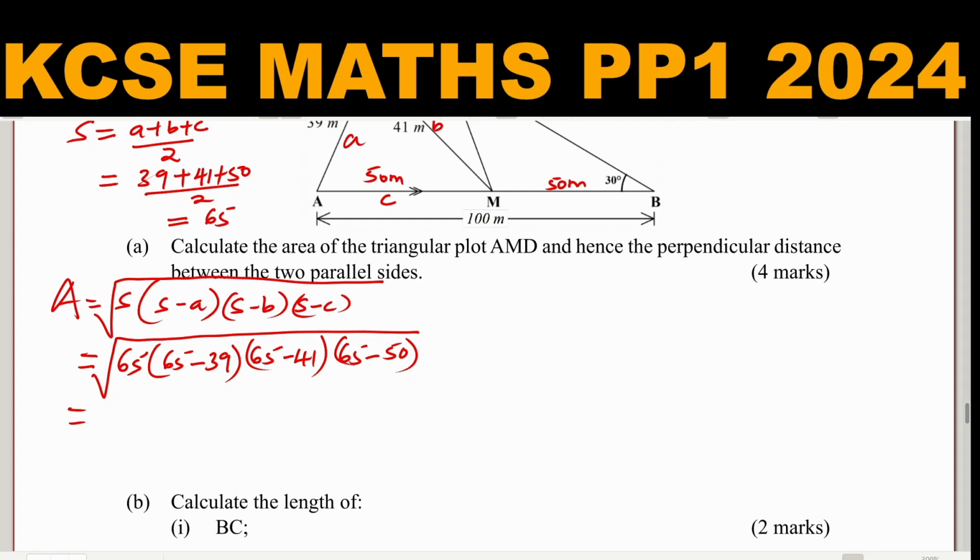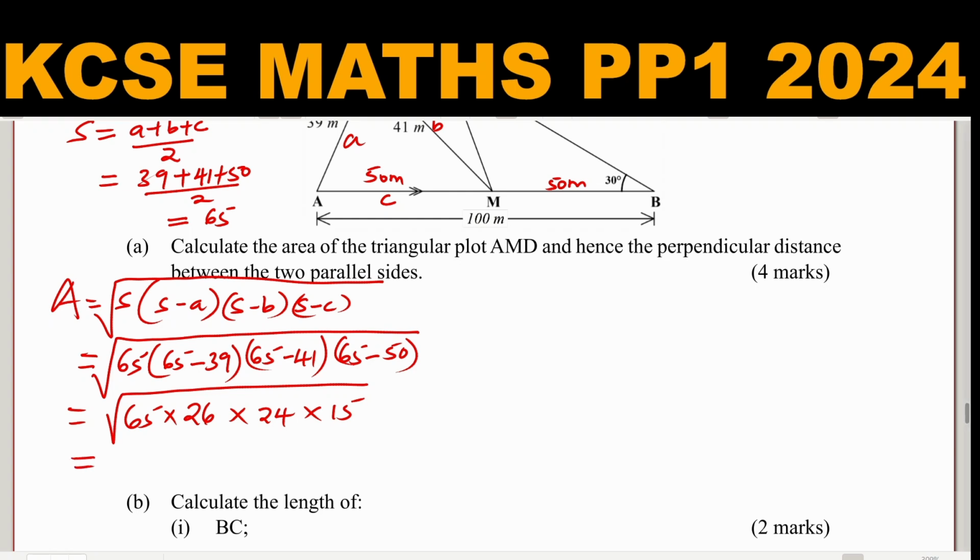So this will give 65 times 65 minus 39, that will give 26, times 65 minus 41, that will give 24, then times the other one, 65 minus 50, you get 15, and then you get the square root of that.